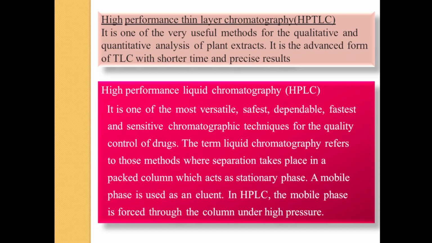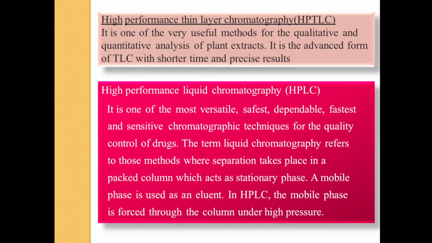Now the second is high performance thin layer chromatography. It is a very useful method for qualitative and quantitative analysis of plant extract, and it is an advanced form of TLC with shorter time and precise results. Thin layer chromatography is performed on lab scale and manually, so there are chances of error and exact results are not obtained.